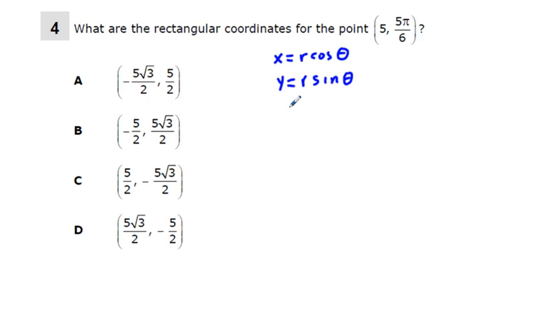And you have options. What I would do is, if your calculator is in degrees, just convert this radian measure. It doesn't really say this, but rectangular coordinates for the point, when you have a point written like this, especially in opposition to rectangular coordinates, that means this coordinate pair is what we call polar coordinates.